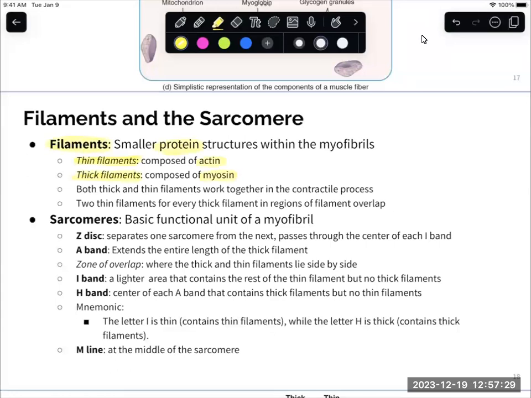These work together to contract a muscle. We have two thin filaments for every thick filament. Within these filaments, they are set up into sarcomeres. A sarcomere is the part of that myofibril that is going to contract.